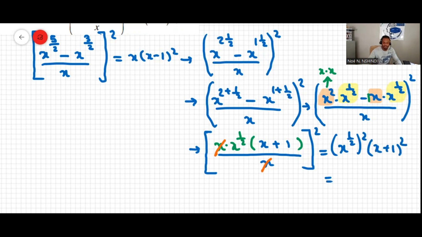We can simplify the exponents here, and this is just x plus 1 to the power of 2, which is exactly the expression we had on the right hand side. So we can say proven.